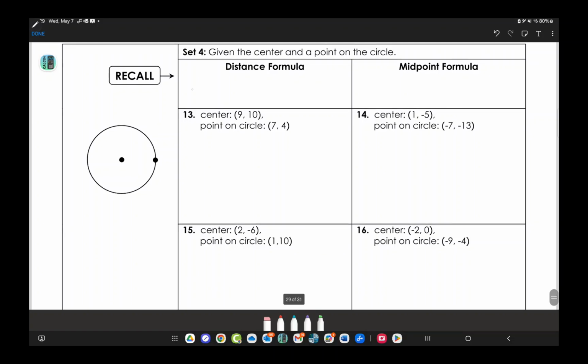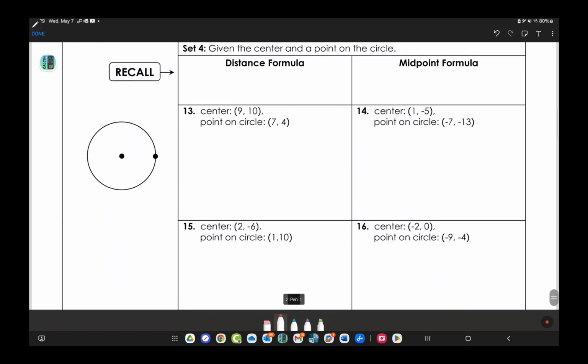But just in case you forget, distance formula is d is equal to the square root. And again, you can do this one of 2 ways. You could write this as x2 minus x1 squared plus y2 minus y1 squared. Or you could write distance as the square root of delta x squared plus delta y squared.